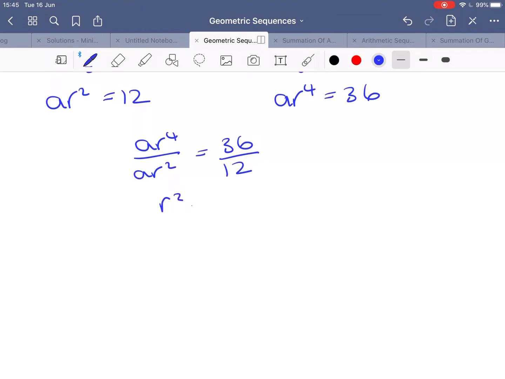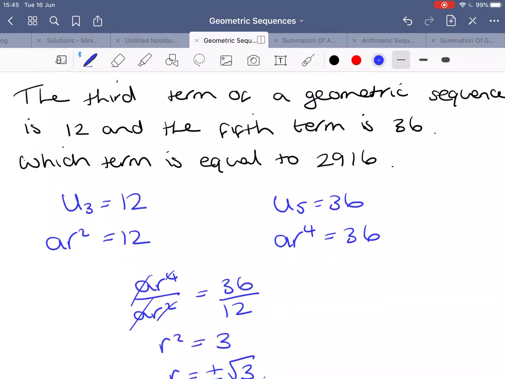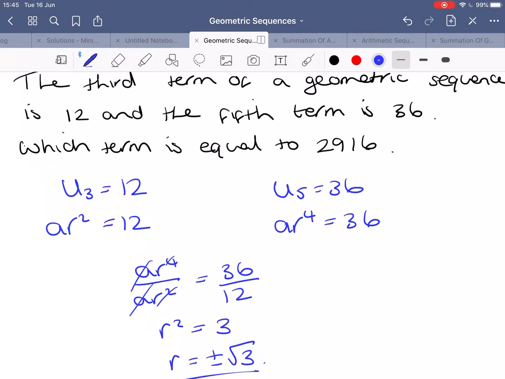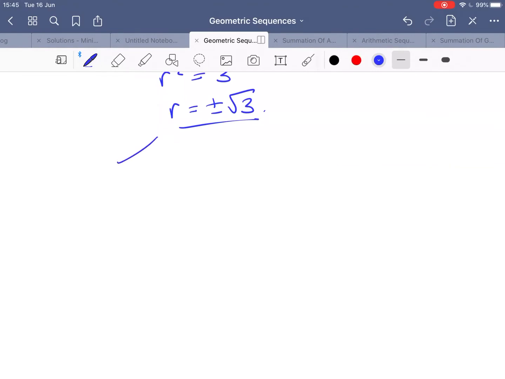So that means my r squared is equal to 3. So my r is plus or minus the square root of 3. And we can have surds occasionally. Okay. Now it says which term is equal to 2916. So I'm going to make an assumption first. I'm going to say r is equal to root 3.